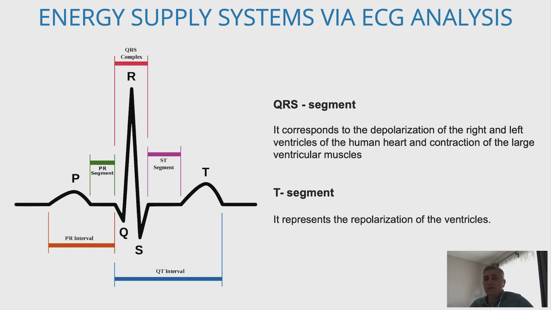What science knows is that when we talk about aerobic types of activities, the primary changes, acute changes and chronic changes, can be observed in the QRS segment of ECG, and with anaerobic types of activities, especially people spending lots of time in a hypoxic state, we can observe primary changes in response to training in the T segment or ST segment of ECG.